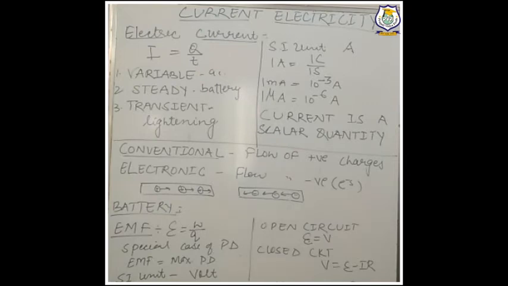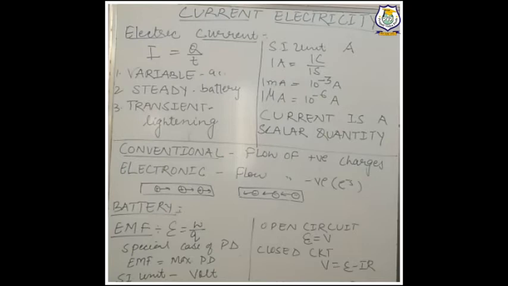I will not focus much on this, but let's have a quick revision. 1 ampere is defined as when 1 coulomb of charge flows for how much time? 1 second. As is clear from the formula, 1 ampere is equal to 1 coulomb upon 1 second. So when 1 coulomb of charge flows for 1 second, then the current is said to be 1 ampere.